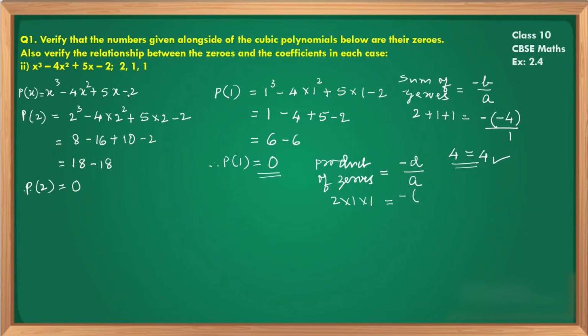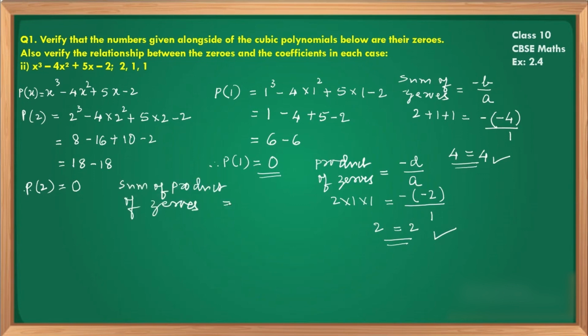In this polynomial, d is minus 2, divided by a. A is coefficient of x cube, that is 1. 2 into 1 and 1 is equal to 2, is equal to minus into minus plus 2. Even this is verified.